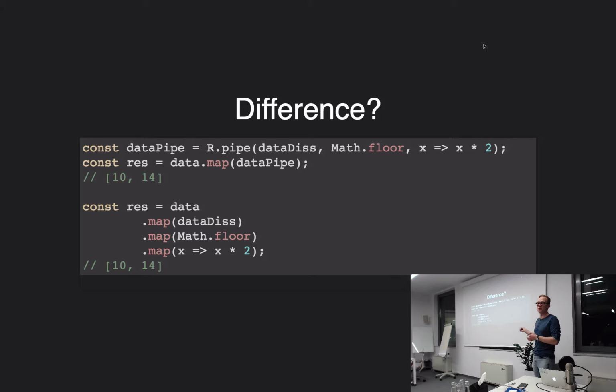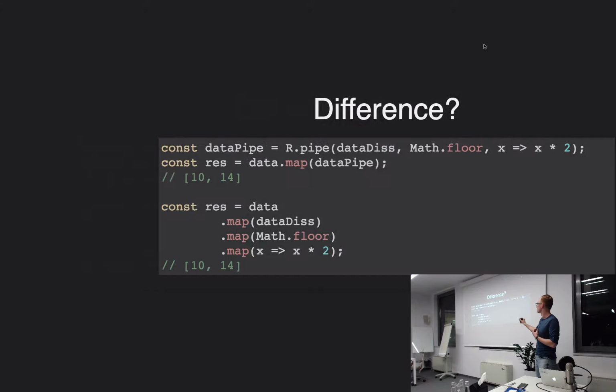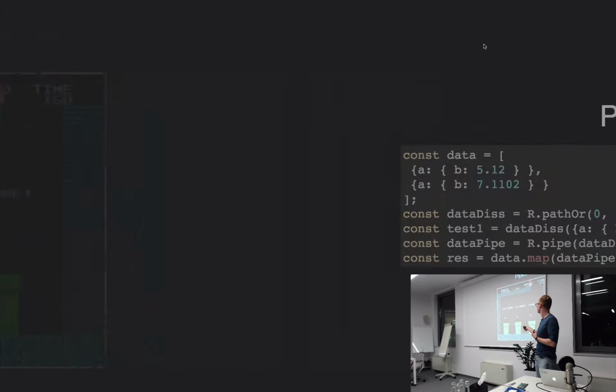Do you notice the difference between those two options? Probably handles null values better? No, actually, the second one, I'm sorry. The second one iterates the array 3 times.